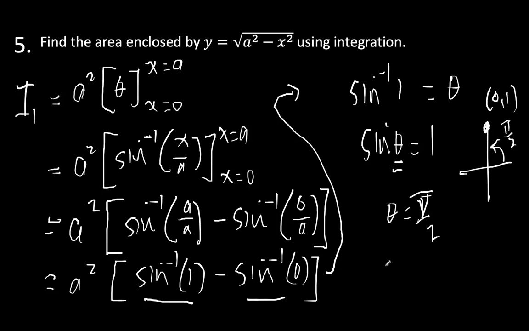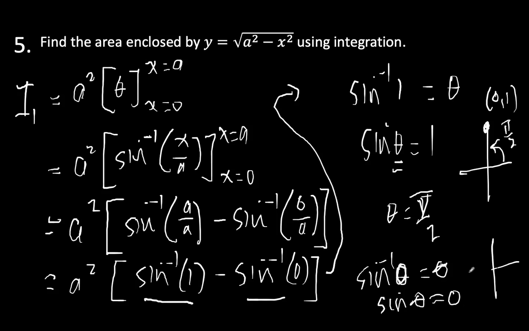And also here, the inverse of sine 0 is equal to theta, so we could say sine theta is equal to 0. Now, using the unit circle, where does sine theta become 0? It's here or here.